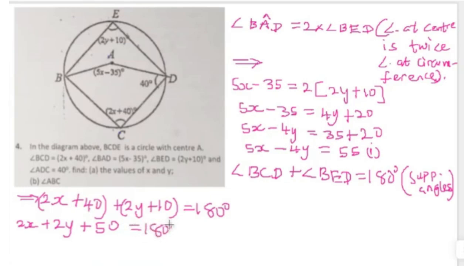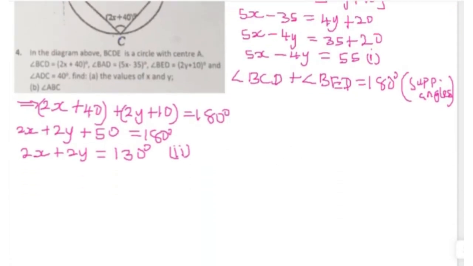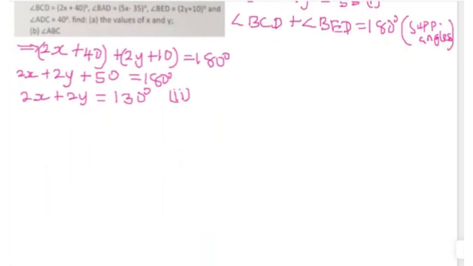So finally, we can obtain the second equation to be 2x plus 2y equals 180 degrees minus 50 degrees, which will give us 130 degrees. Okay, so this is equation 2. So what remains now is for us to solve equations 1 and 2 simultaneously. So let's see how we approach that.